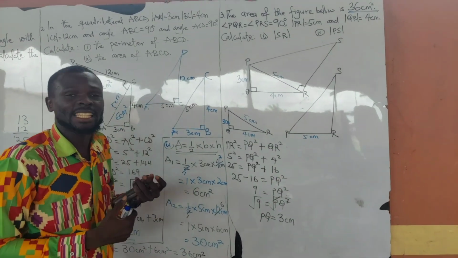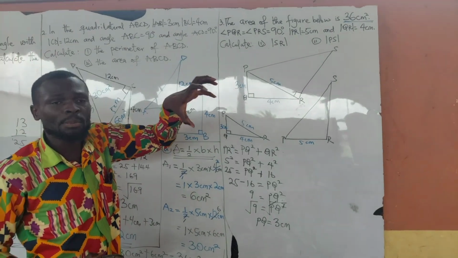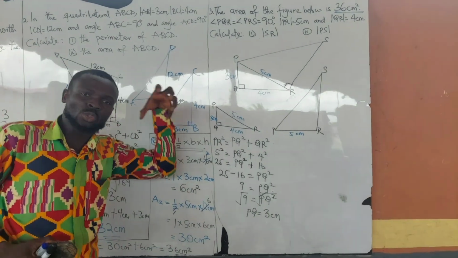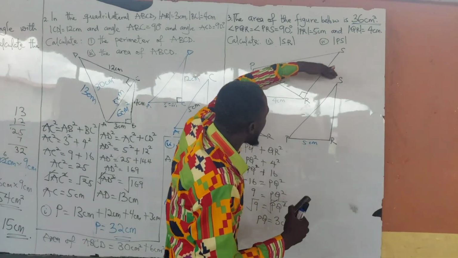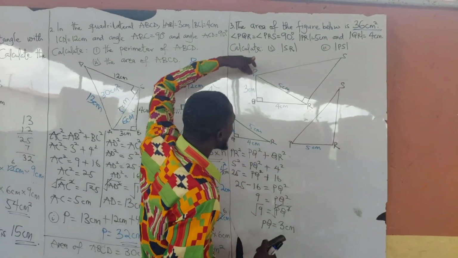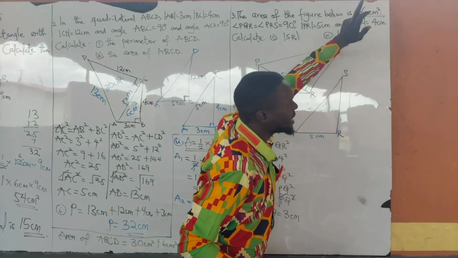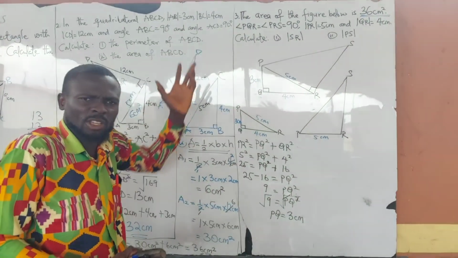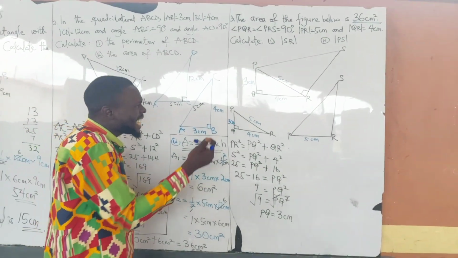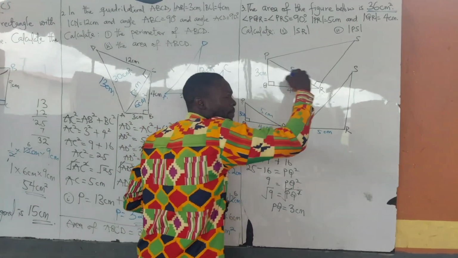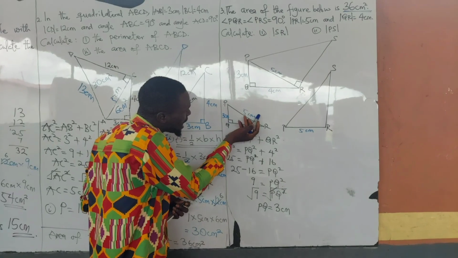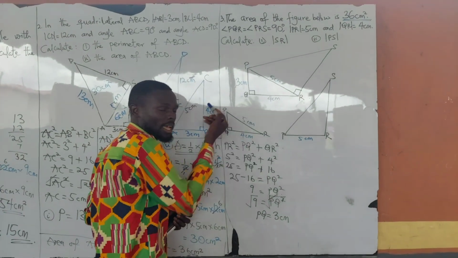But the question has given you a preamble which is going to help you to solve for it. You have been given the total area of this figure as 36 centimeters squared. So what am I supposed to do? If they've given me 36 as the area of this figure, then let me calculate the area of this triangle.